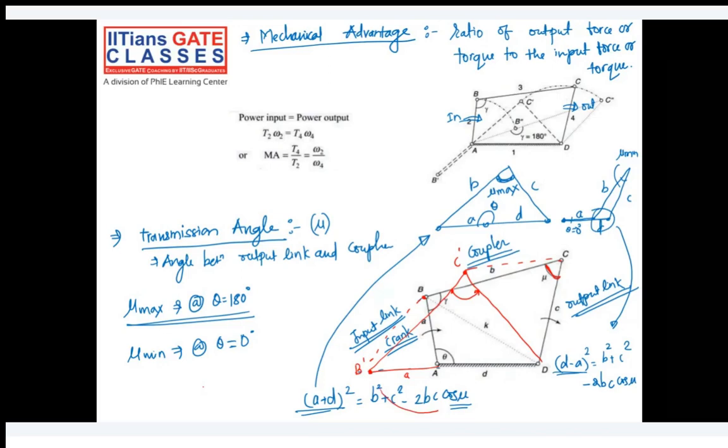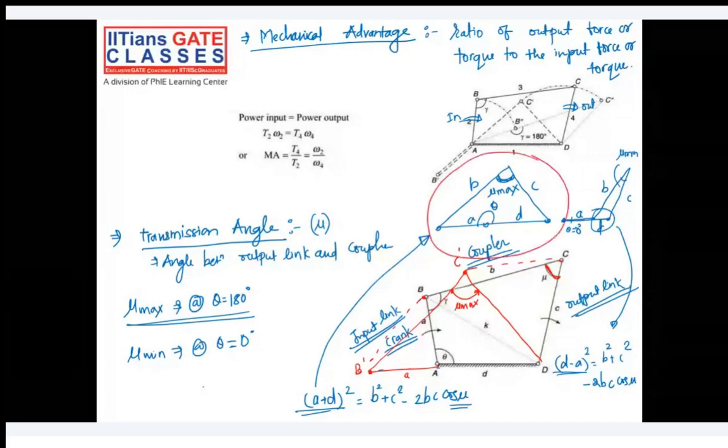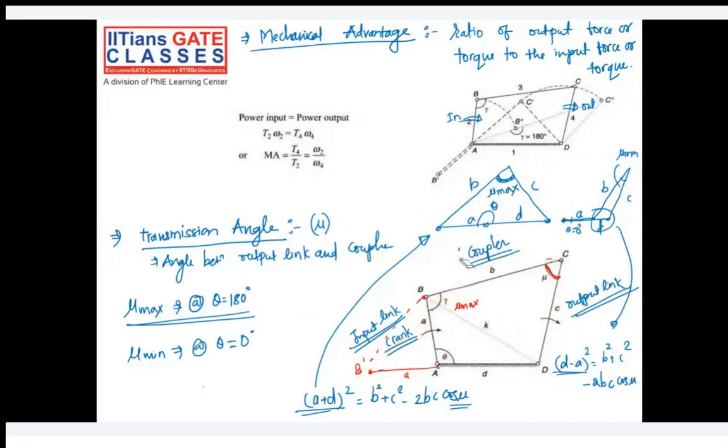This C will come somewhere here, C dash, and then this is your BC link. So this is how your structure will look like: A link, B dash, C dash, and D. Do you agree that we can achieve this kind of position?